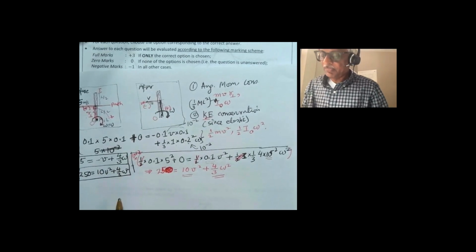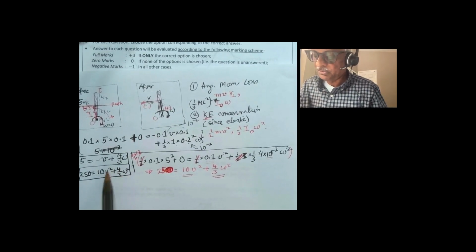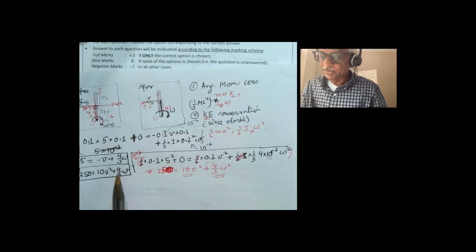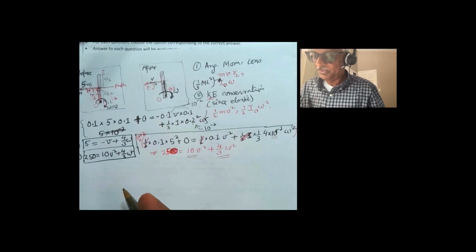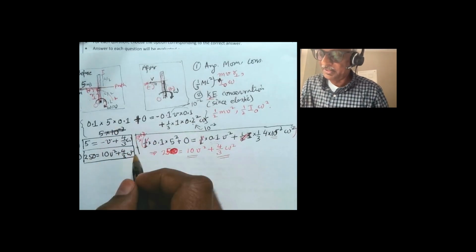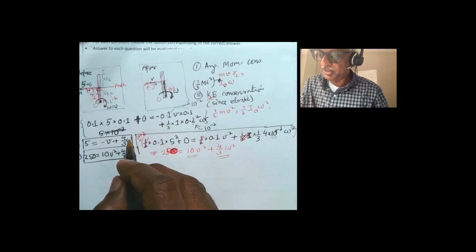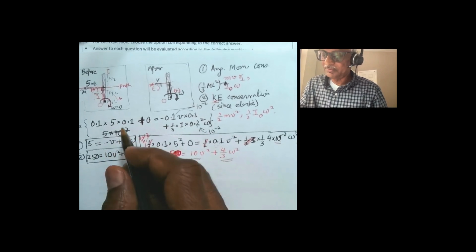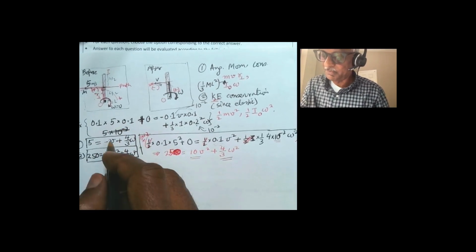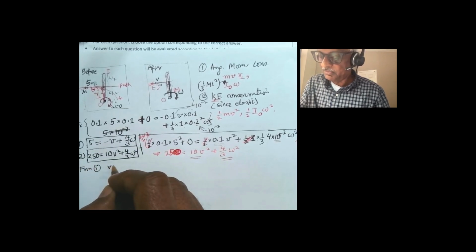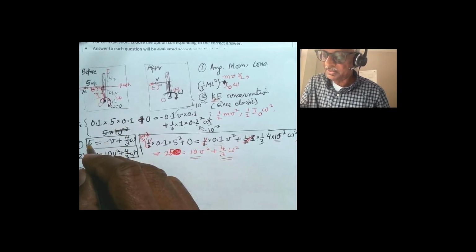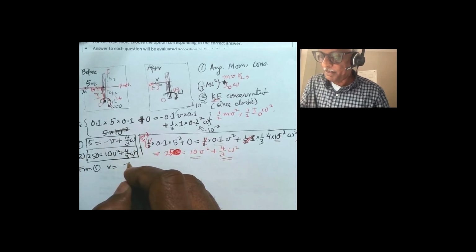Now we have to solve for v and omega, and you can do it a number of different ways. This is omega and this is omega square, so you can't just subtract and get rid of it. So let's try from 1: v is, bring the 5 to the other side, minus 5 plus 4/3 omega.